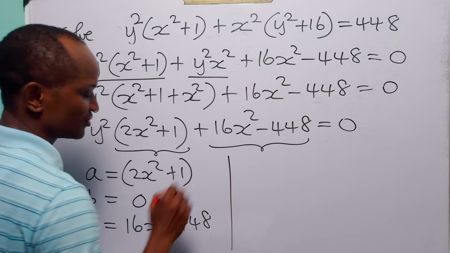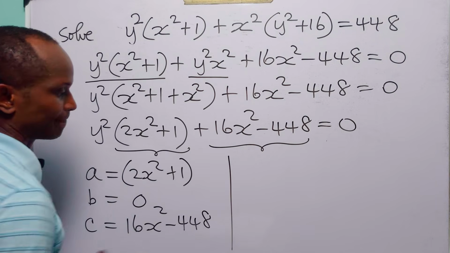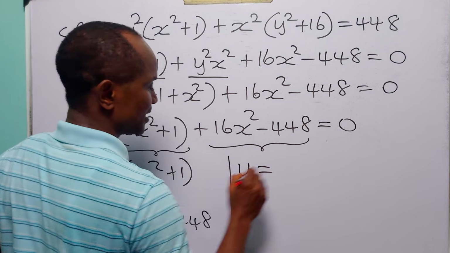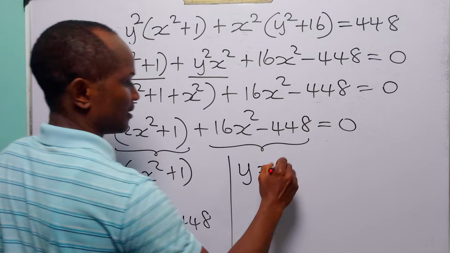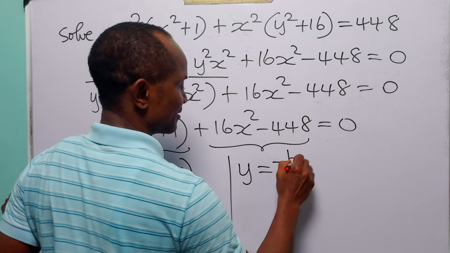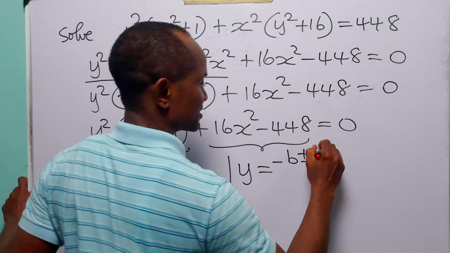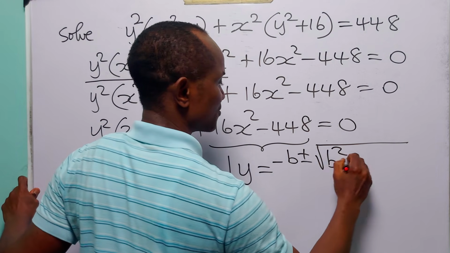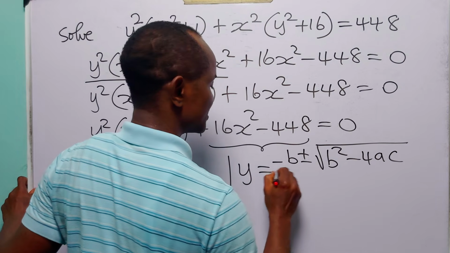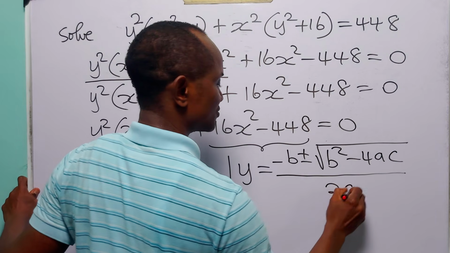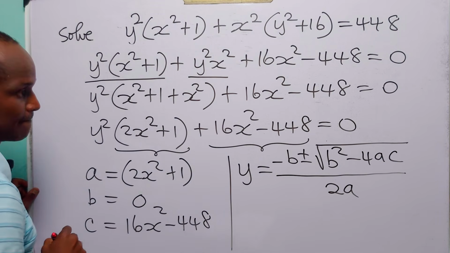Now, the next thing we are going to do is to solve for y. And to do that, we need the quadratic formula. y is equal to minus b plus or minus the square root of b squared minus 4ac divided by 2 times a.